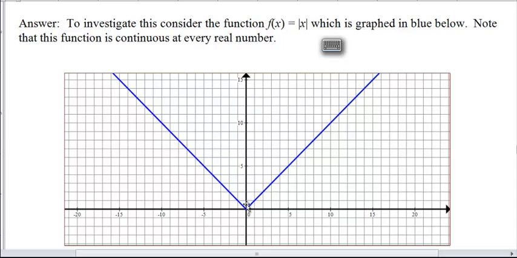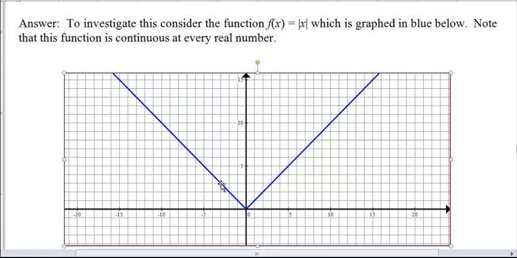What happens right at the origin? Well, if we take 0 as our a value and take a point to the right, our secant line is this line here where y equals x extends on down, and so the slope is 1. And we let h approach 0 from the right, all those secant lines are the same. They all have slope 1, so the limit from the right is 1.